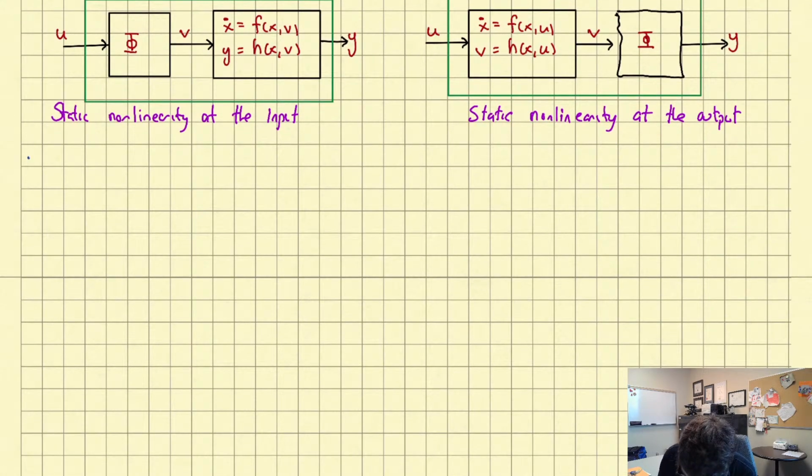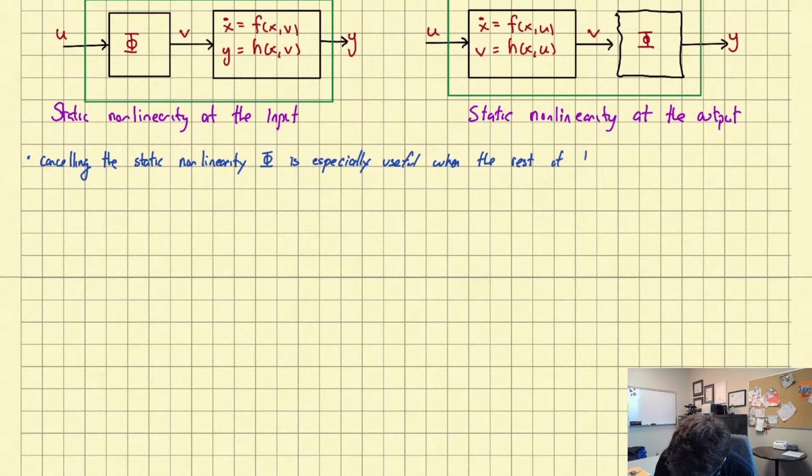Okay, so canceling the static nonlinearity phi is especially useful when the rest of the plant is linear.